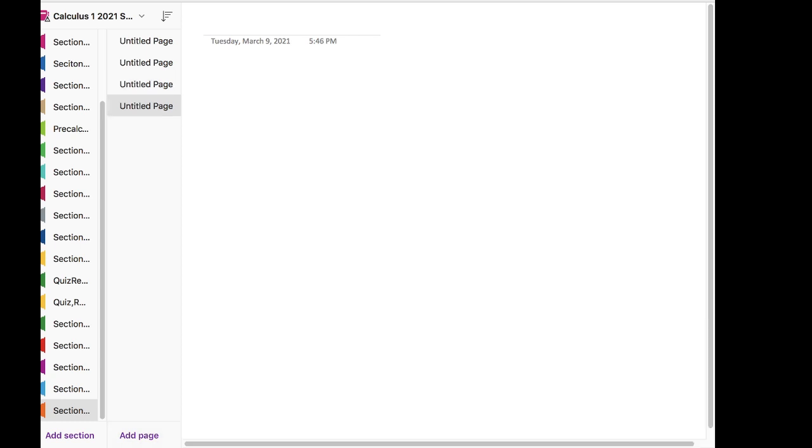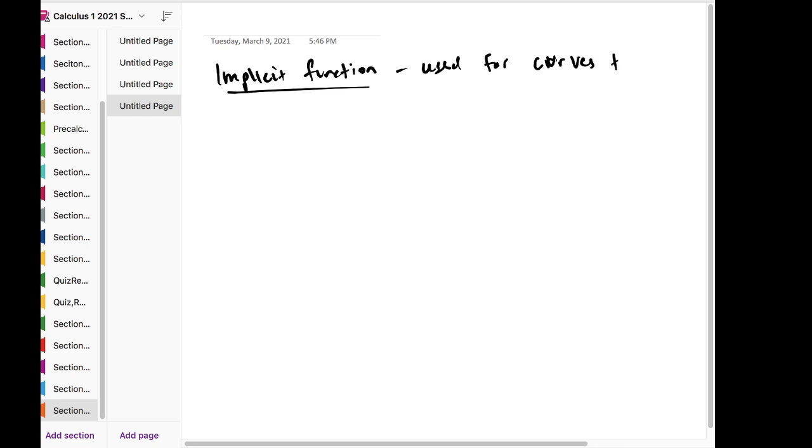Okay, so this is what the implicit function is. So this is really used for curves that cannot be described explicitly as a function.